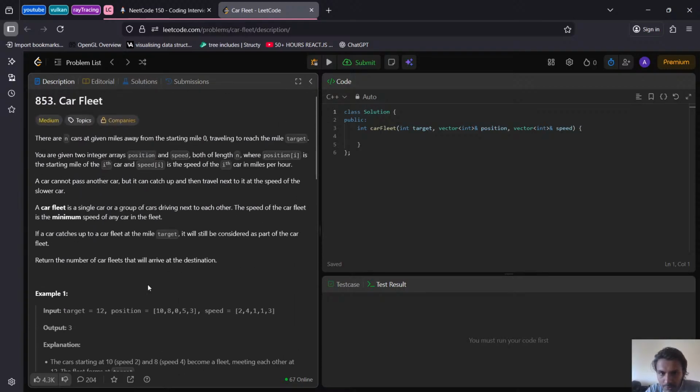So how can we solve this problem? Think 12 for 113. So 10 plus 2.